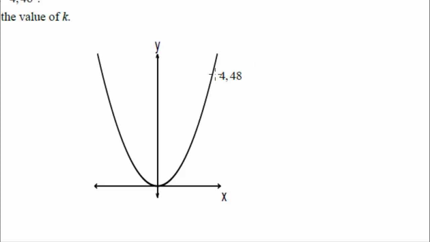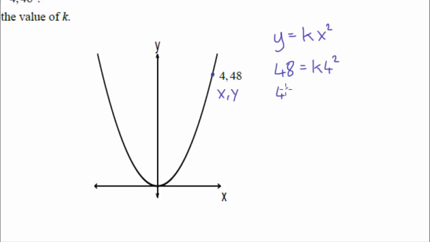This one they've given you a coordinate. Again, y equals kx squared. This is your x, and that's your y, so 48 equals k, who knows what k is yet, times 4 squared.